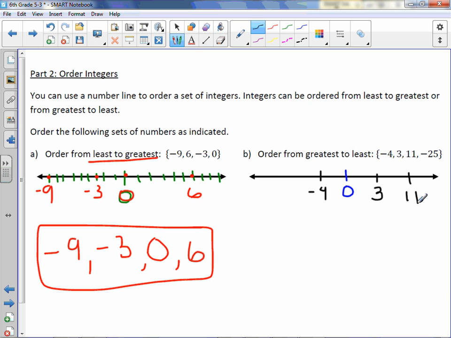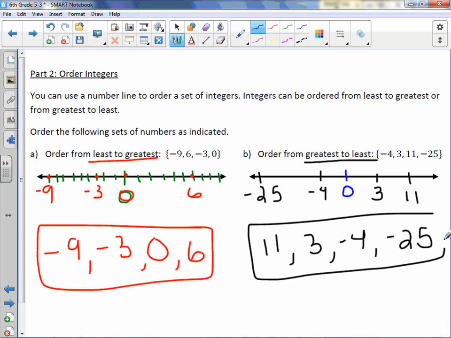And then negative 25 would be somewhere way over here. We want to order them greatest to least. So the largest is 11, then 3, then negative 4, then negative 25. Remember, 0 is not part of our set of numbers. I just like to put 0 on my number line to have a frame of reference.